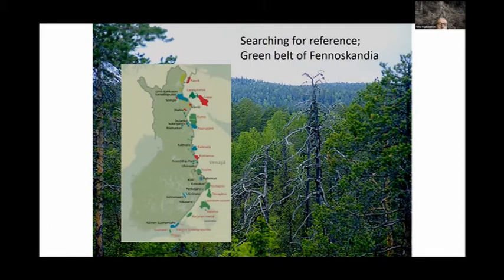One of the problems we face, for example, in Finland, is the lack of natural forest as a reference that we could use to define these natural cycles. One of the things we have used here is the so-called green belt of Fennoscandia, a chain of protection areas from the Arctic Ocean to the Baltic, where we can still find some larger forest landscapes that we can use to study the reference.